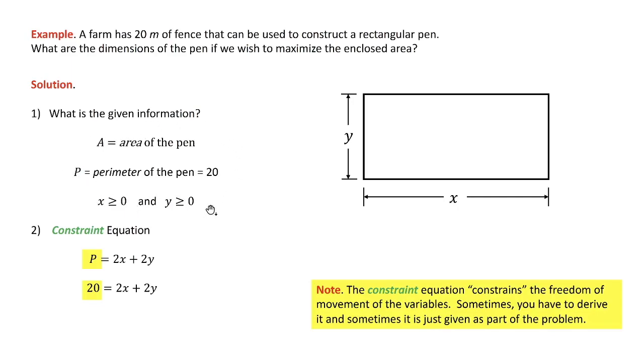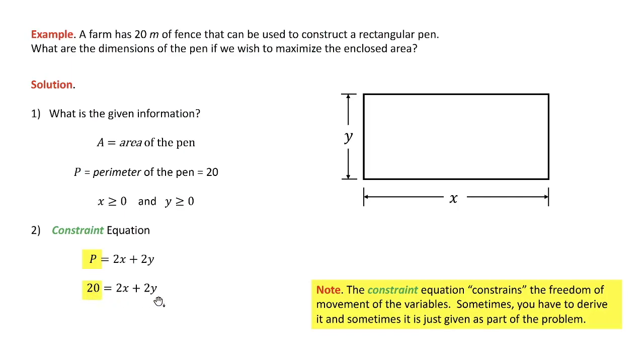It's meters. You might have problems where the fence costs $20 per meter, but your constraint is in meters, so you have to match up the units. All the units have to be correct. That's one of the places people make mistakes on these problems.